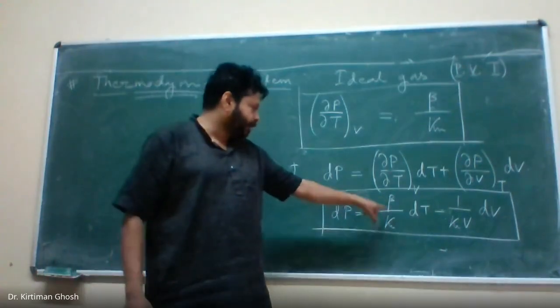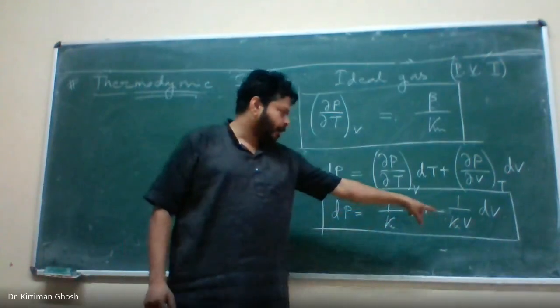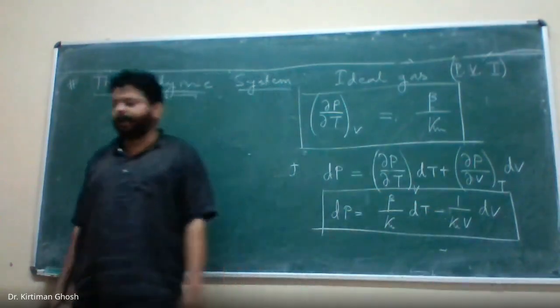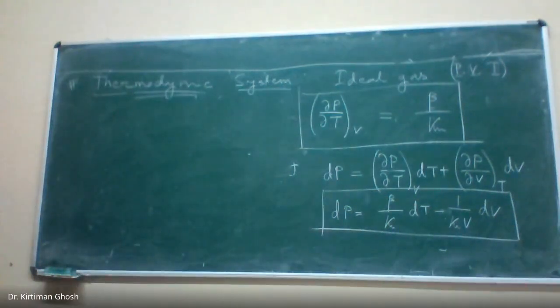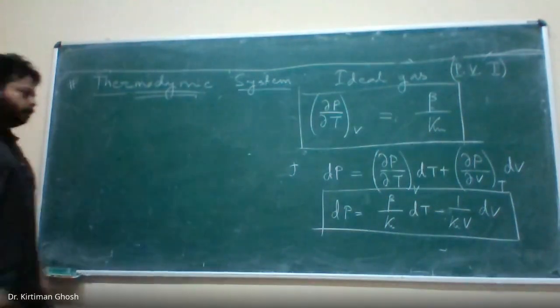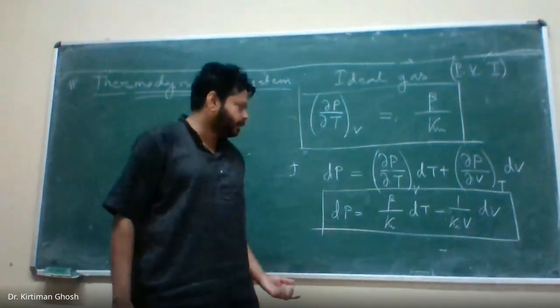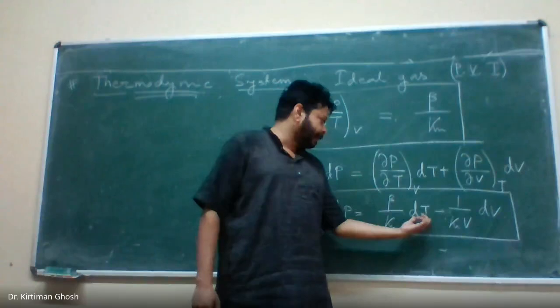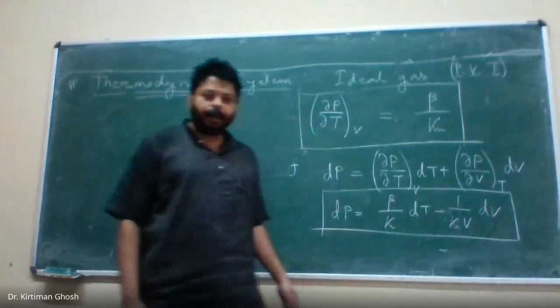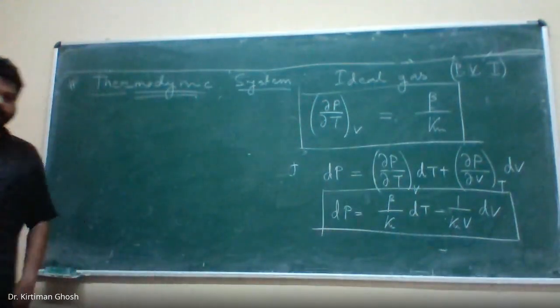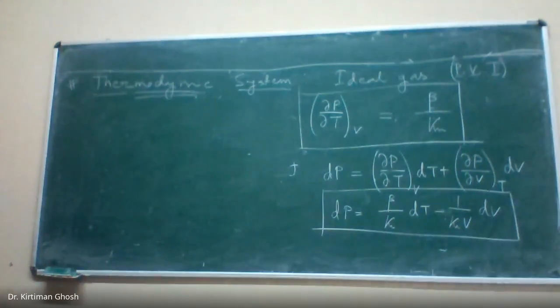Because you know the values of beta, kappa and the volume, you have already measured them by doing different experiments. So this relation tells you how the pressure of the system will change if you change the temperature by delta T and volume by delta V. That will give you some power of predictability.